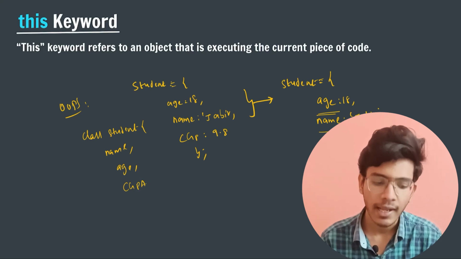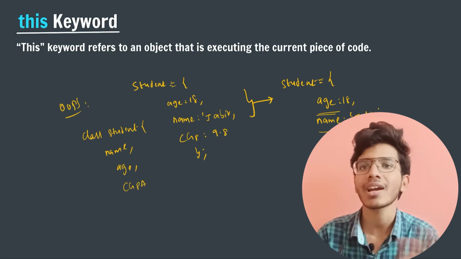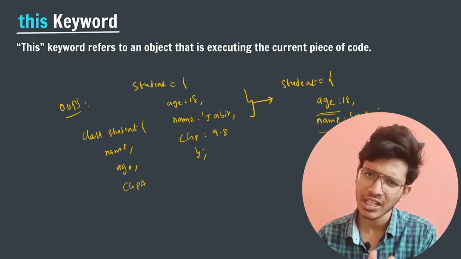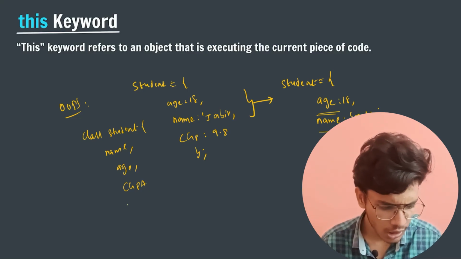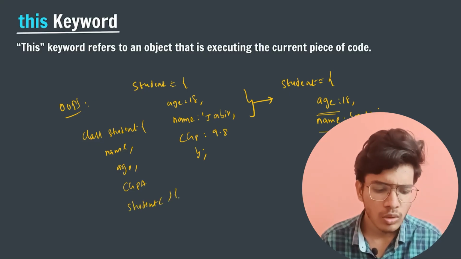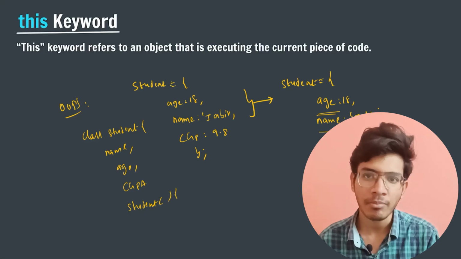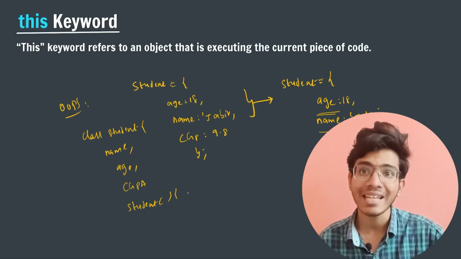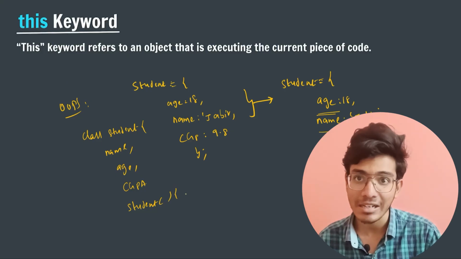Now I'm creating a function or a constructor. A constructor is nothing but a function as well. I want to print the name, age, CGPA, or assign values to these variables.